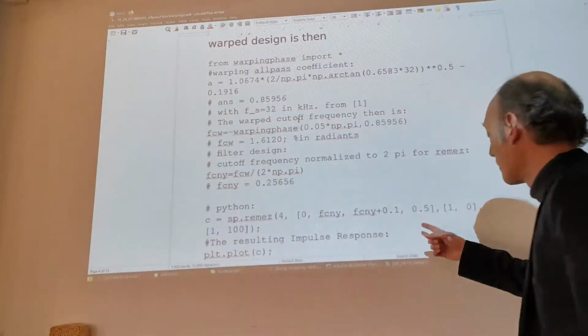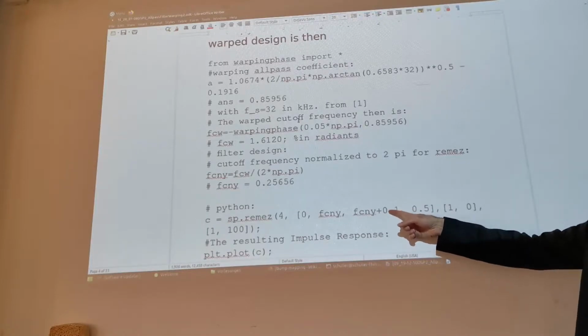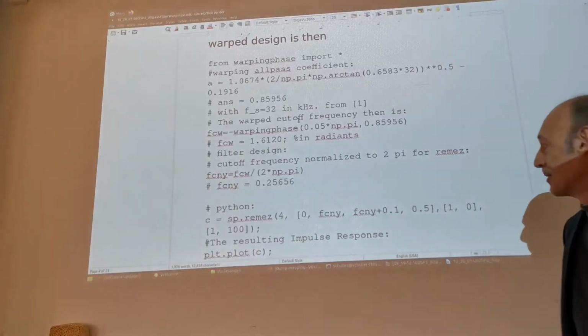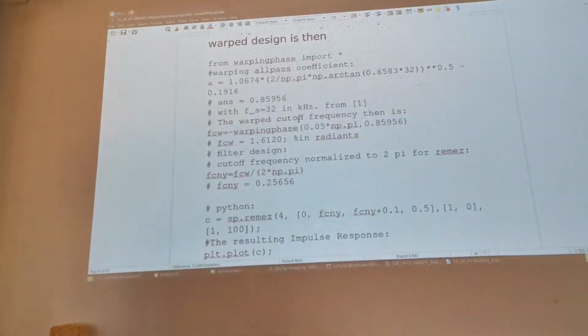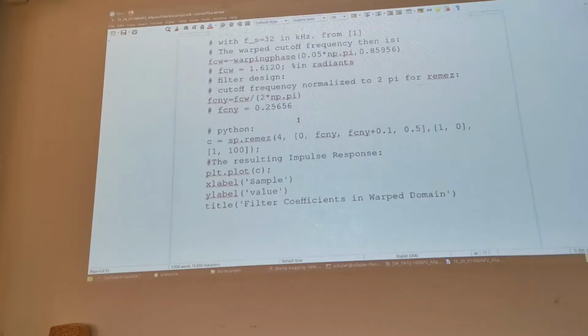Strictly speaking, I would have also needed to warp this beginning of our stop band. I just did an ad hoc estimation here. Right? But the main part here is the warping of the cutoff frequency.